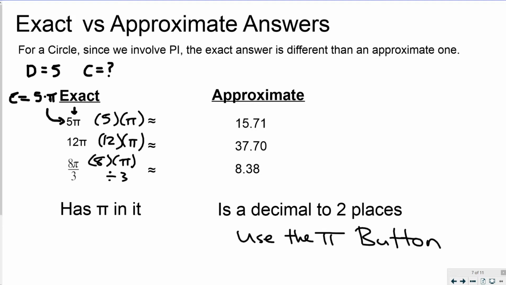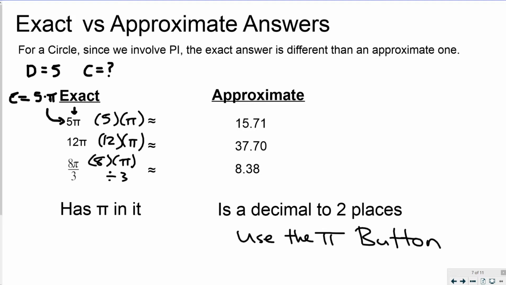If I'm told to give an approximate answer, that's when I'm going to go onto my calculator and type 5 times pi, and I'm going to use the pi button. The pi button can be accessed by pushing the second key and then the exponent up arrow.